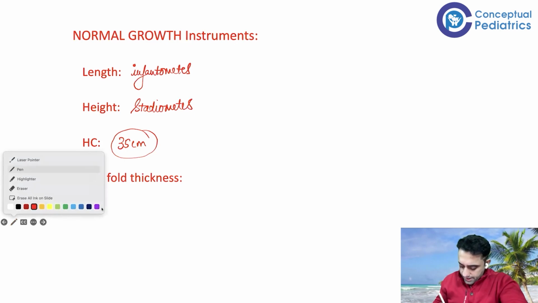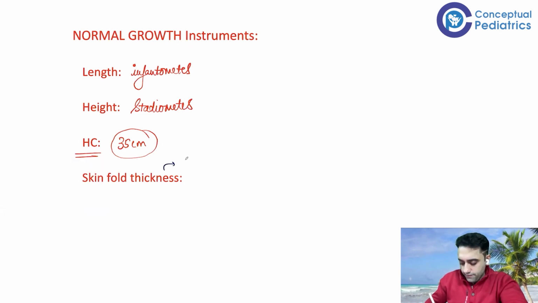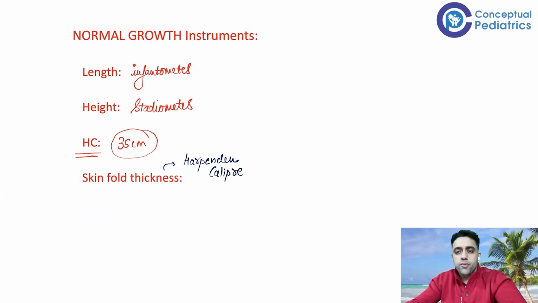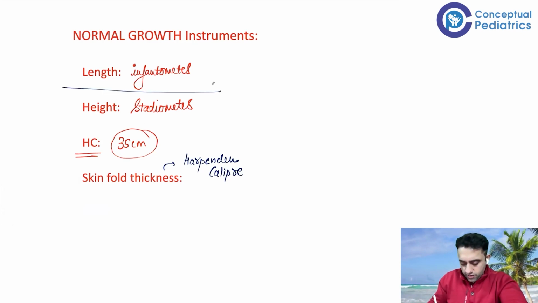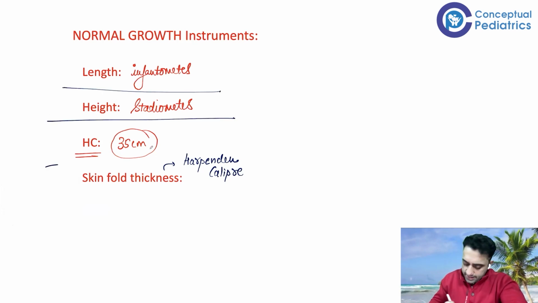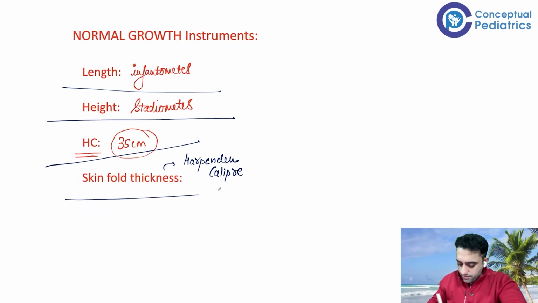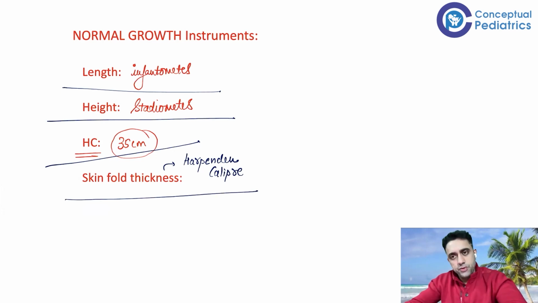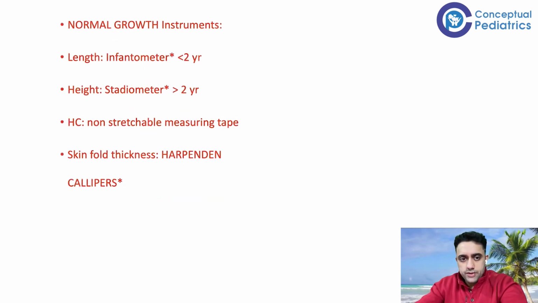To measure the skin fold thickness of a baby, we use a caliper known as Harpenden caliper. So these are straightforward important questions, must appreciate for the exam purpose. Infantometer is for the length, stadiometer is for the height, head circumference 35 centimeter, and skin fold thickness you take with the Harpenden caliper.